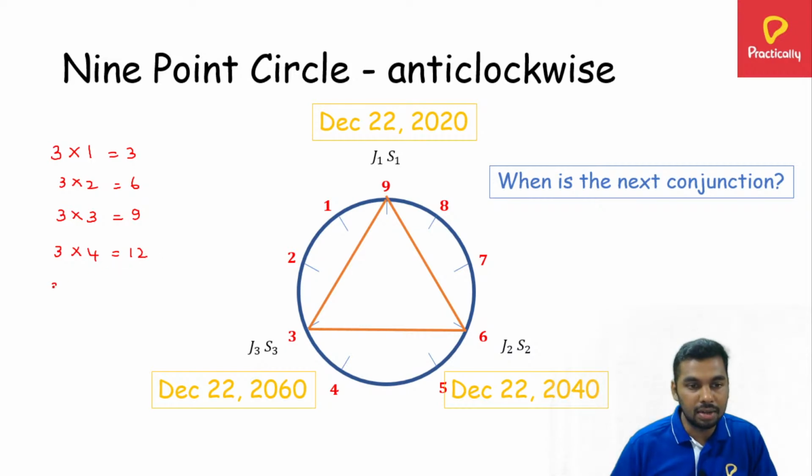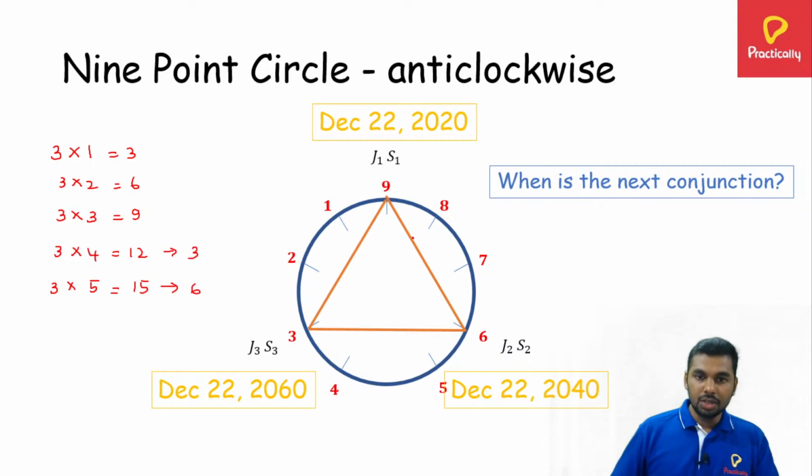So if you take the digit sum of the right hand part of the answer, what you are getting exactly is this triangle. So 3, 6, 9. Here the digit sum is going to be 1 plus 2, which is 3. Digit sum is going to be 6. So Jupiter and Saturn conjunctions are always going to be on this triangle.